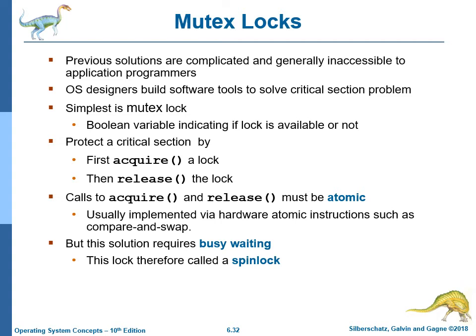The spin lock has an advantage, however: there is no context switch required when a process must wait on a lock, and a context switch may take considerable time. Thus, when locks are expected to be held for a short time, spin locks are useful.